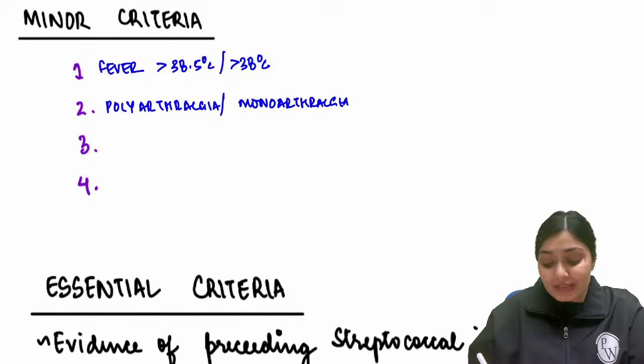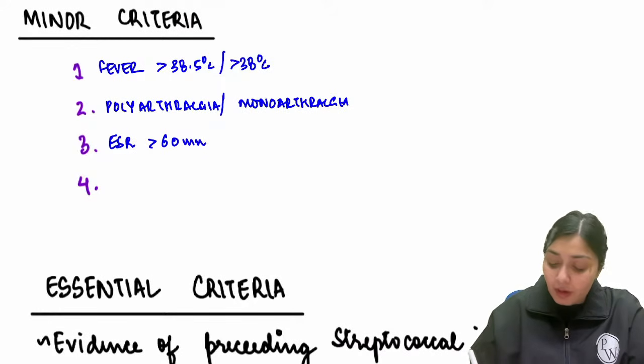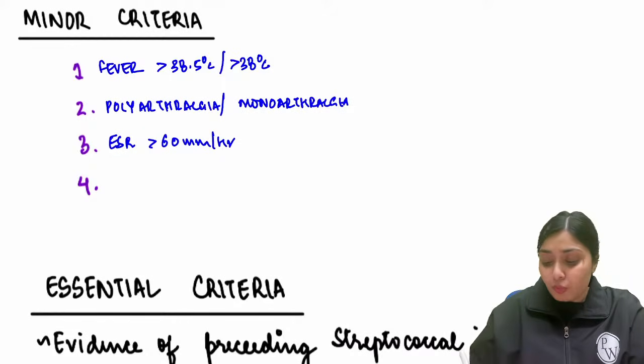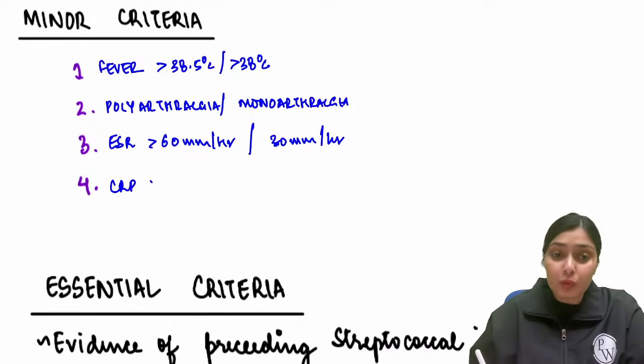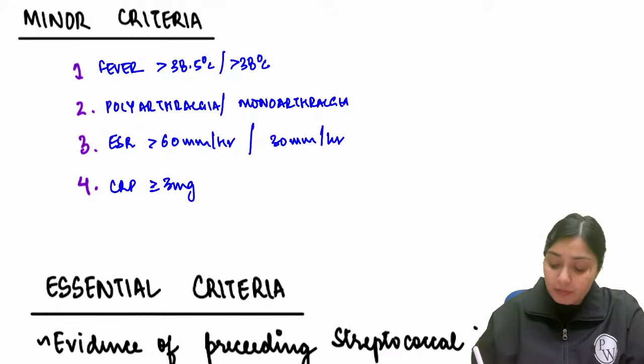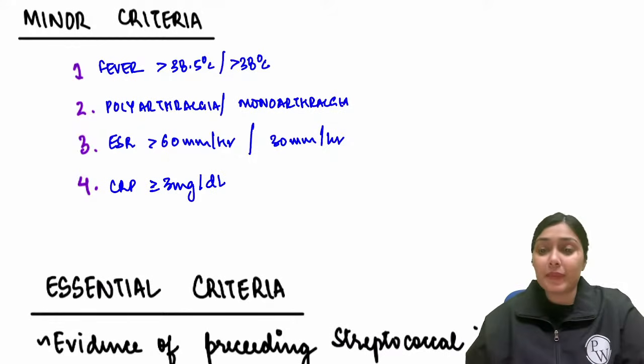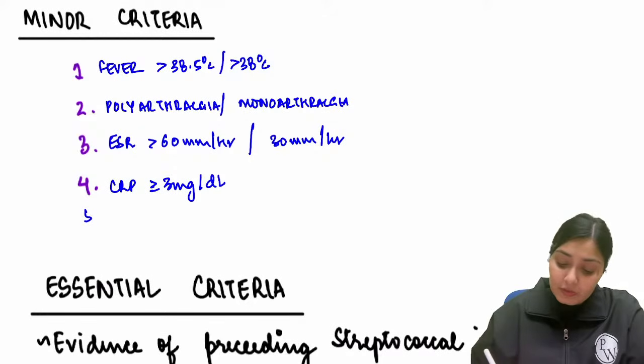We have ESR and CRP. ESR more than 60 mm per hour or more than 30 mm per hour. We have CRP more than 3 milligram per deciliter and increase in the PR interval.